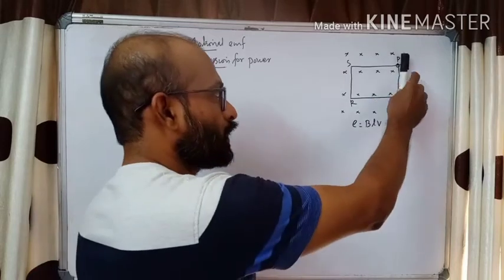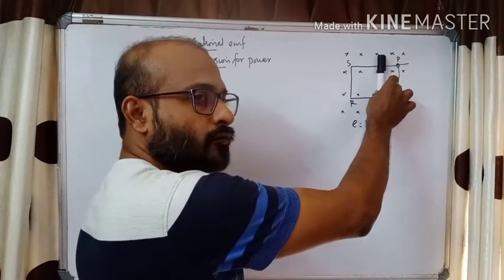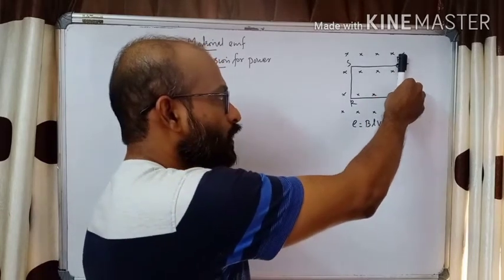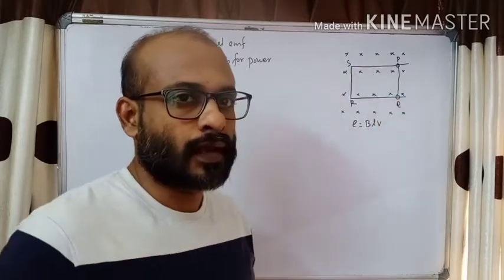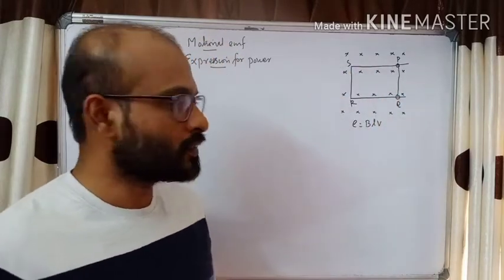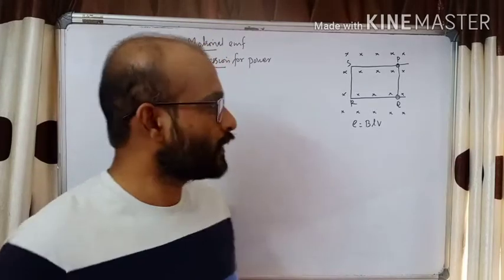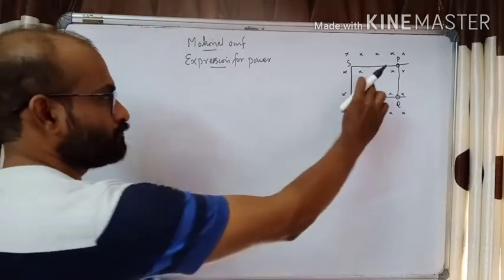This current carrying conductor is now moving in a magnetic field, so it can experience a force. Against this force we need to do some work if we want to push it inward, and that work done needs some power to be spent, and we are going to find the equation for the power.